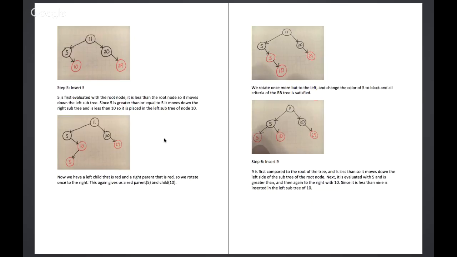Now we rotate once more, but this time to the left, and we change the color of 5 to black, and all the criteria of the red-black tree are satisfied. So basically on the top right of this page, we have a black 5, a red 5, and then down the right side a red 10.